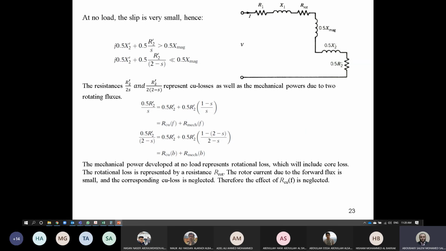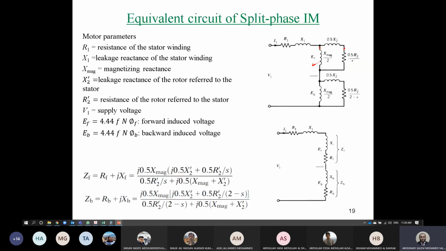In the no load test, the motor is working at no load, which means the speed is very high and S will be very small. If you substitute the values of S in the equivalent circuit, here we have R2 prime over S. If S is very small, this value will be very large. Is it right?